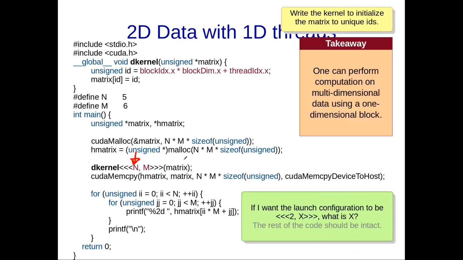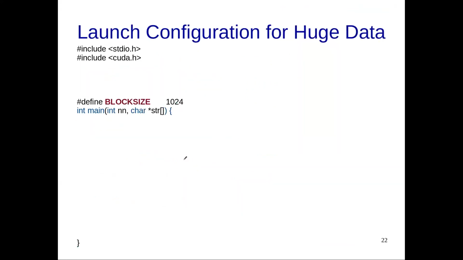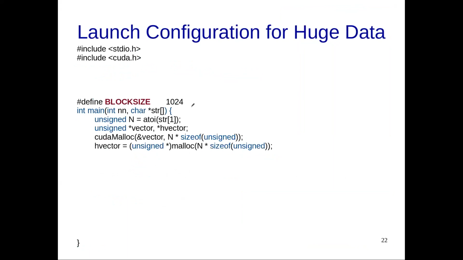Right? In general, when you have a large amount of data, you are not going to deal with 30 threads, 30 data items. In general, you are going to require a block size as large as 1024 or 512 or any multiple of 32. In this case, I'm going to take some command line parameter, which is some number which I'm taking as an input.